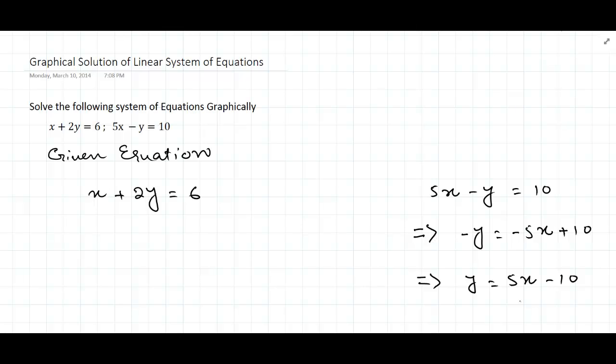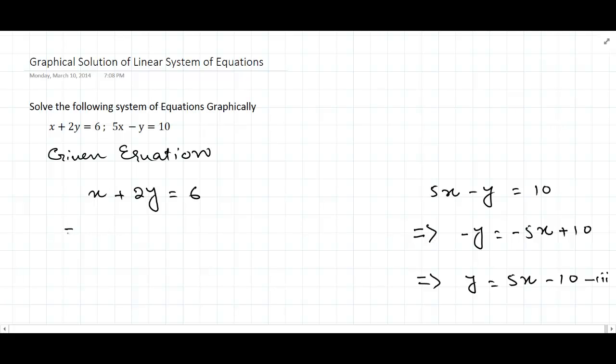This is the required form in which y is isolated on one side of the equation, and let's call this equation 2 and deal with the first equation of the system the same way.